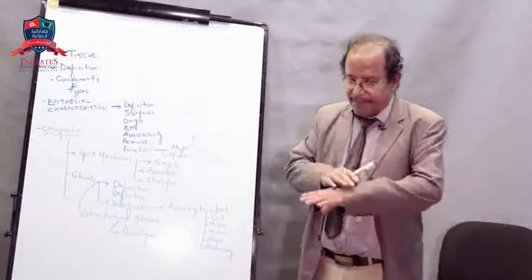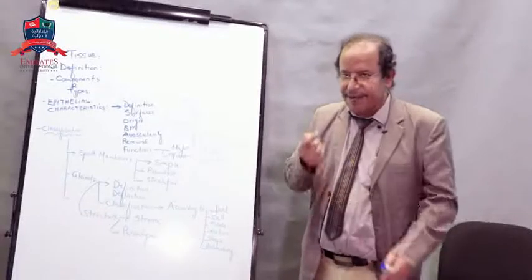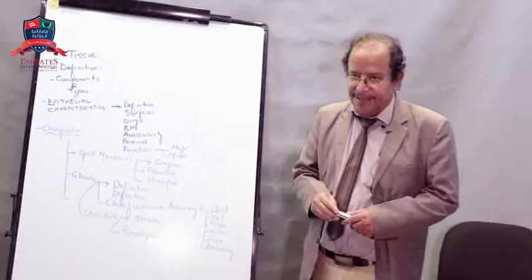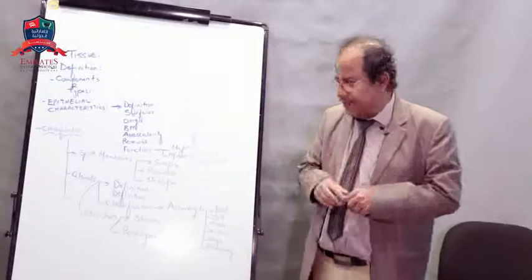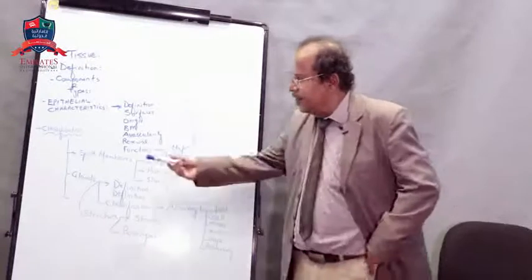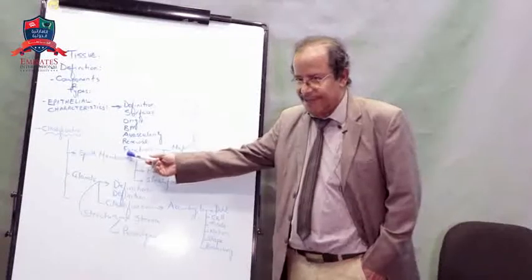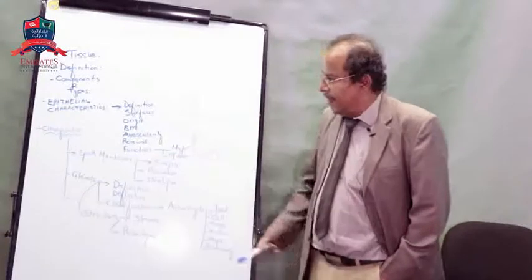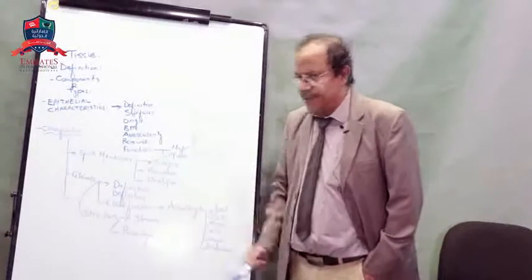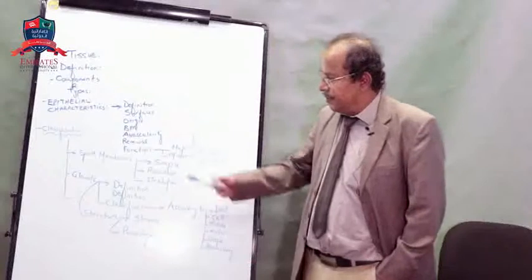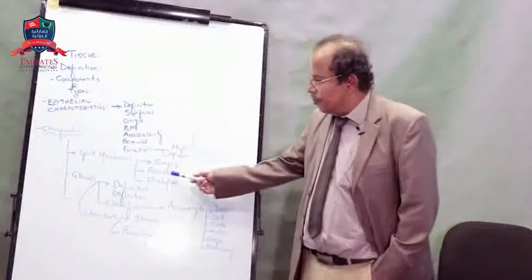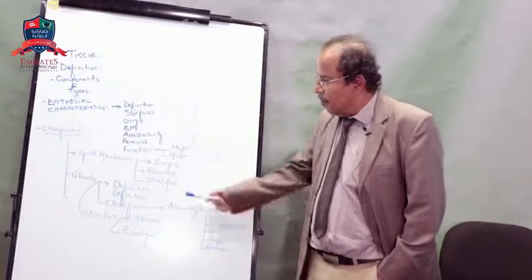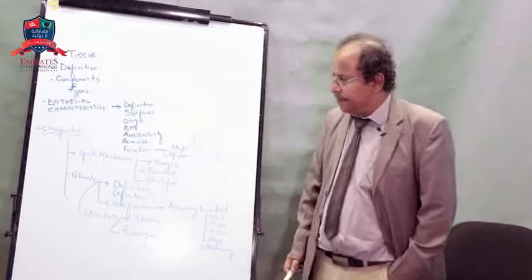They cover the skin. They cover the GIT. That means they cover surfaces. They are the first line of defense. The second line of defense is the connective tissue. These epithelial membranes can either be simple or be pseudostratified epithelium or stratified epithelium.